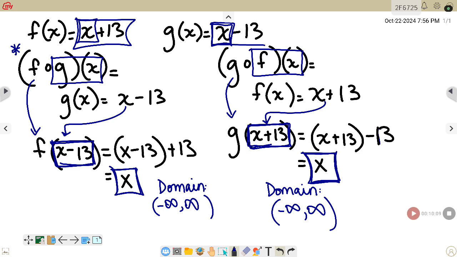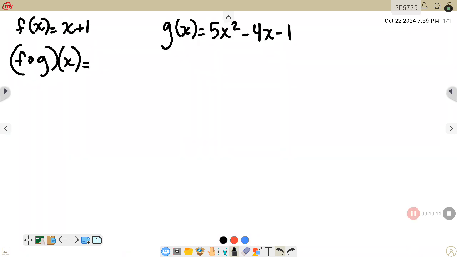All right, on this next example, we are going to start off by finding f of g of x. So once again, we start off in the same position. Whatever is in the blue rectangle, which is g of x in this case. G of x, it tells me what it is in the problem. It tells me g of x equals 5x squared minus 4x minus 1.